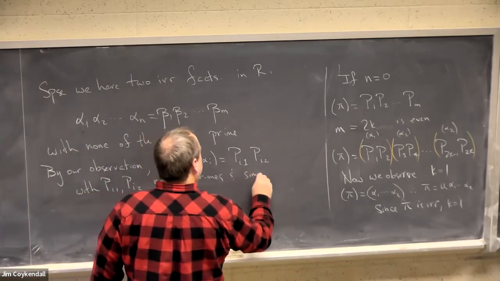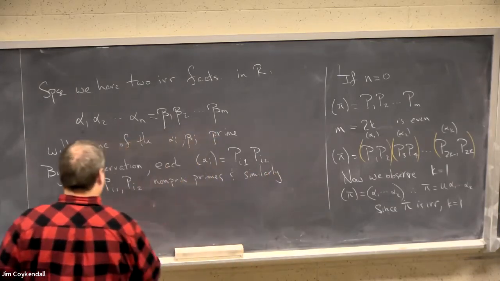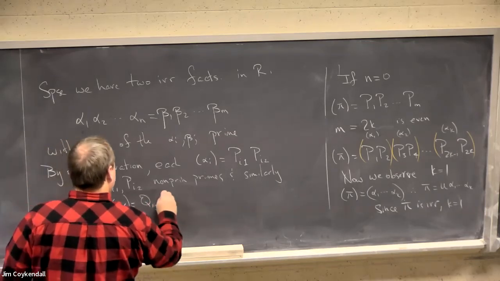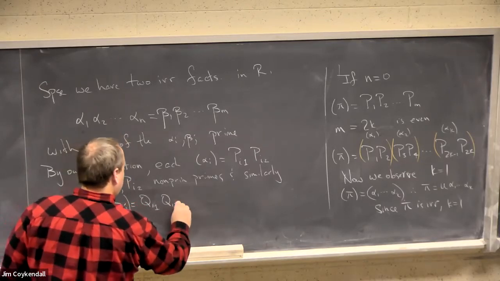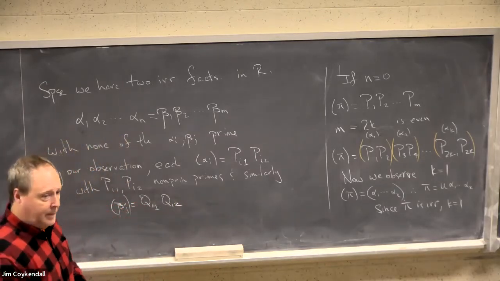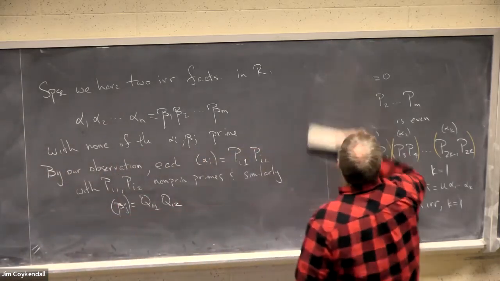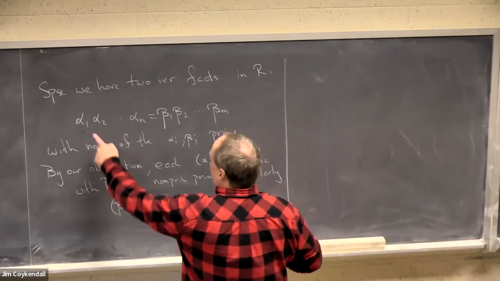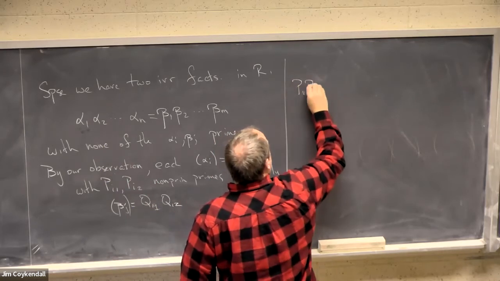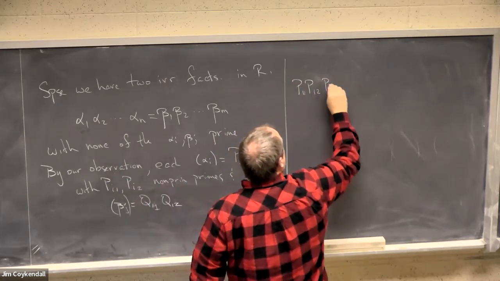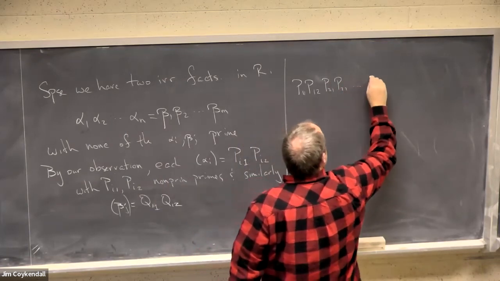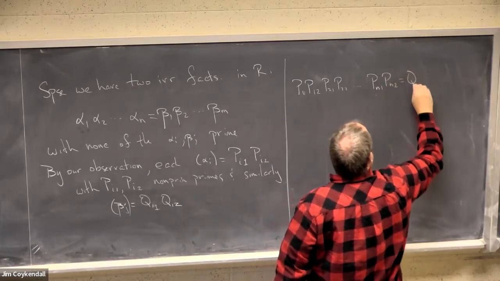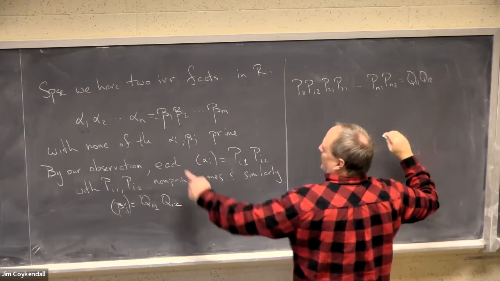And similarly, beta j is q j1, q j2. So you take this factorization and think of it in terms of ideals, and this is P11, P12, alpha 2 is P21, P22, and finally alpha n is Pn1, Pn2. Beta 1 is this.